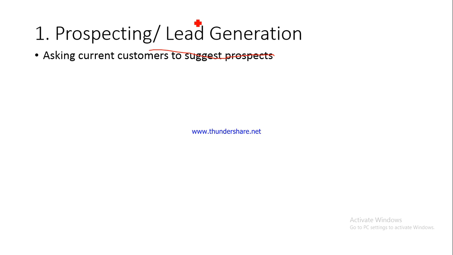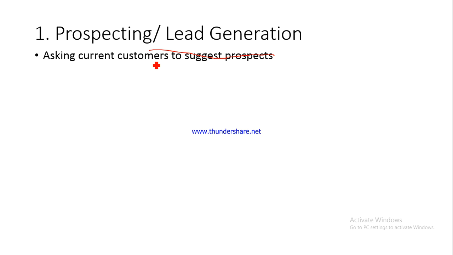One way could be to ask the current customers to suggest prospects. For example, Reader's Digest comes up with a scheme. They give away one coupon along with the magazine, and in that coupon you have to mention the names of 10 people who you feel might want to purchase Reader's Digest in future, your acquaintances who may like to purchase it. You fill up this coupon and send it back to Reader's Digest.